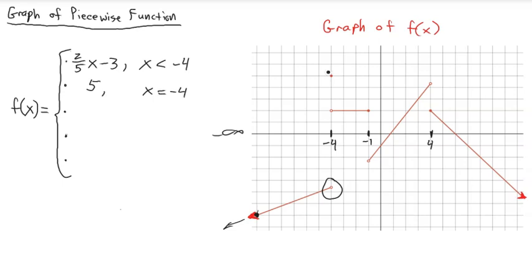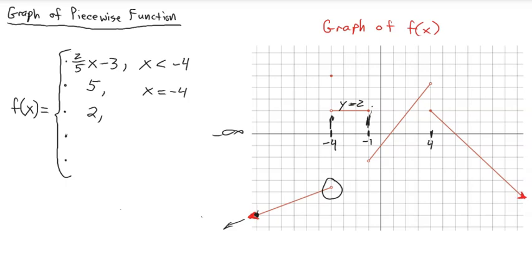Okay? The next piece is this piece right here, and this is a constant. This is the graph of y equals 2. And so we're going to say that the graph f of x is equal to 2 when x is greater than negative 4 but less than negative 1. You can see right here that this piece goes between negative 4 and negative 1.